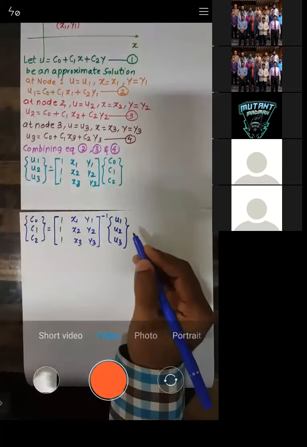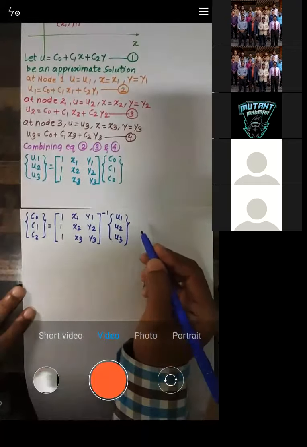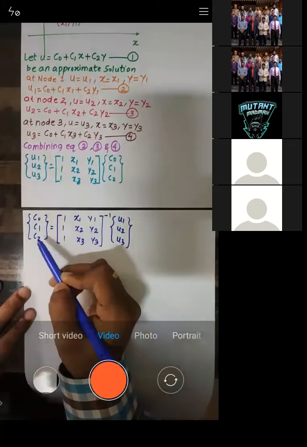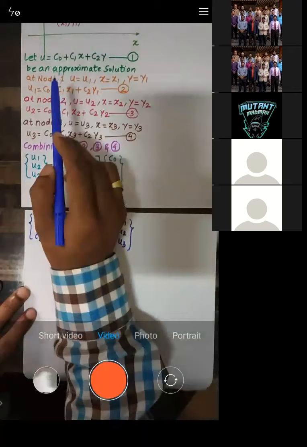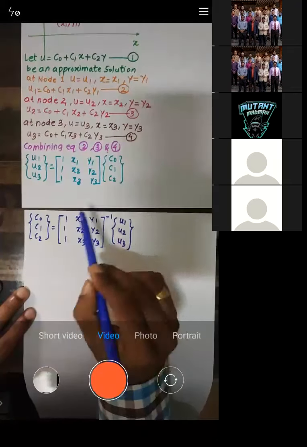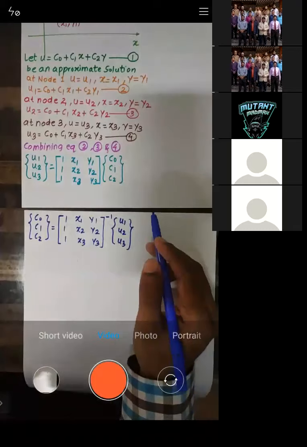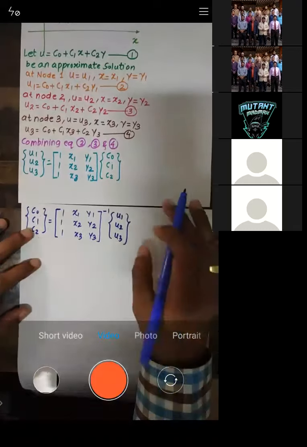So if I need the values of C0, C1, and C2, I should calculate the inverse of this matrix and multiply it by the displacements. This is how we get the values of the constants.